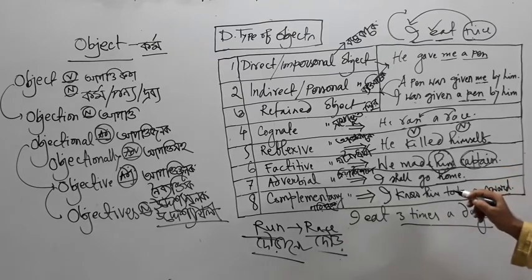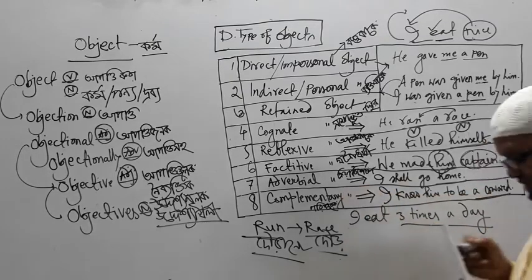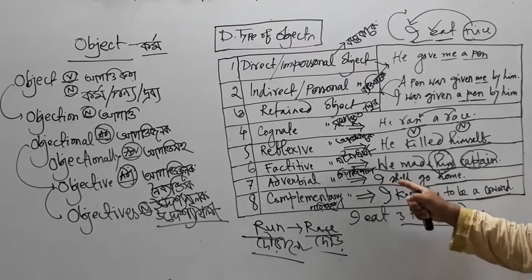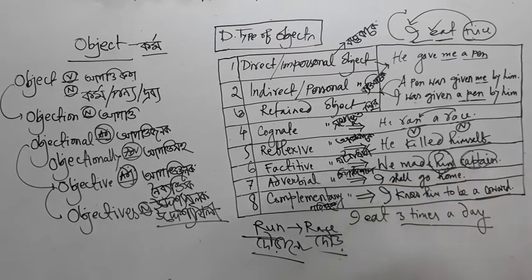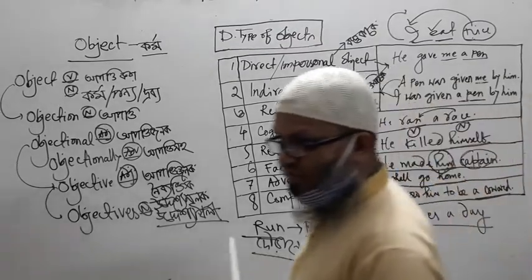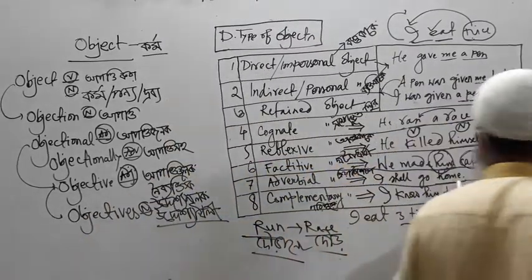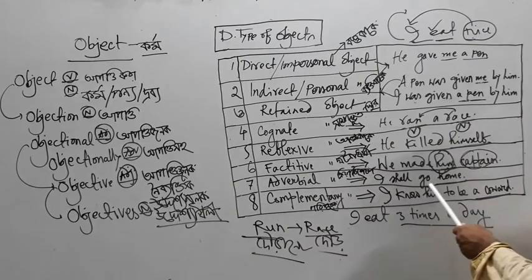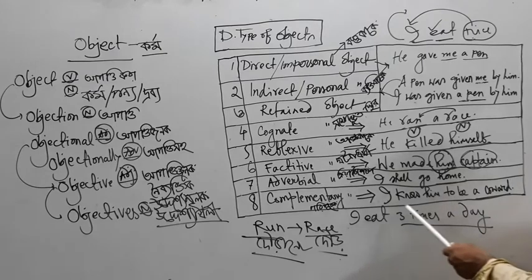Okay. So now come to the adverbial object. Kriya Visheshan Kormo. For example, I shall go home. See that it is actually an intransitive verb, and in this way it is place. It can be time. It can be distance. Okay, so I shall go home. I shall go to school at 10 a.m. And I can walk for 40 miles.